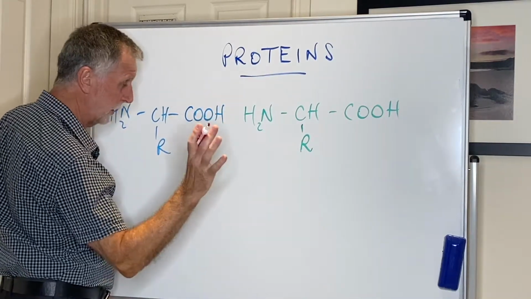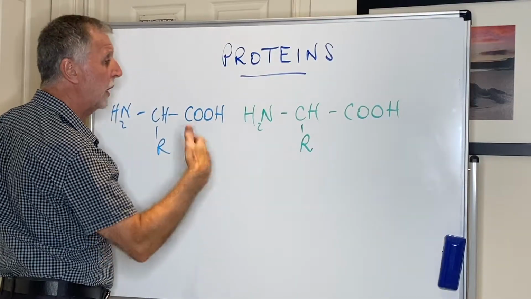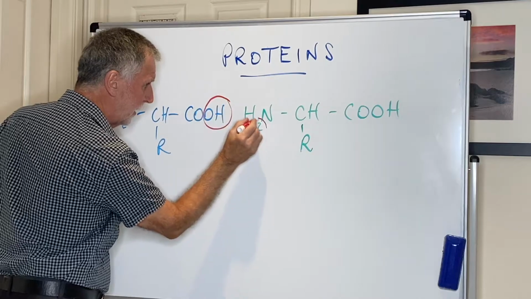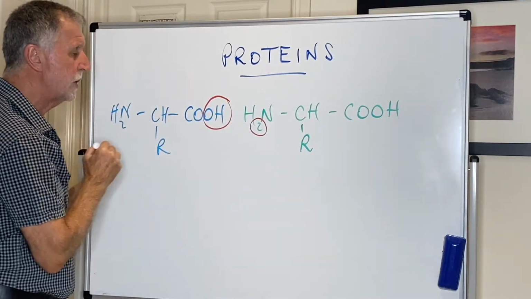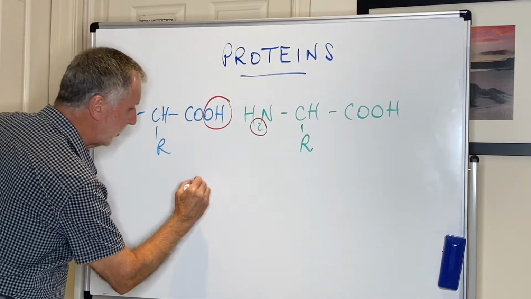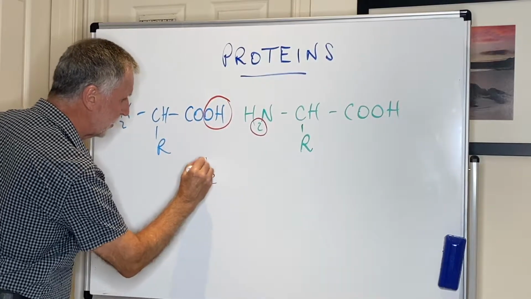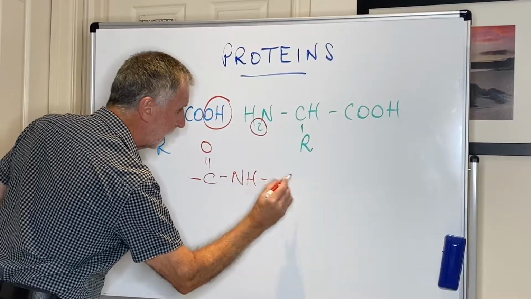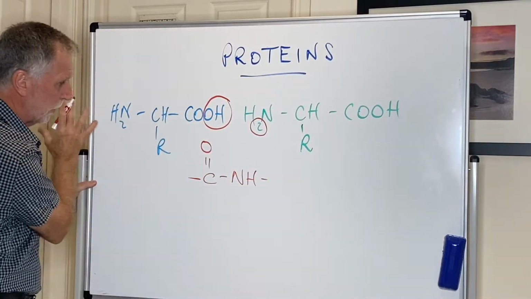You saw this in a previous video when we talked about condensation polymers. So that goes from the carboxylic acid. The NH2 loses one of its hydrogens, and then you end up with a CO, which is a C double bond O, an NH, and then the rest of these molecules.